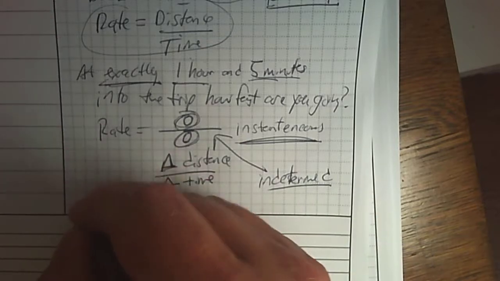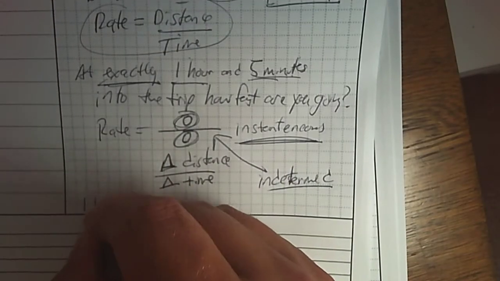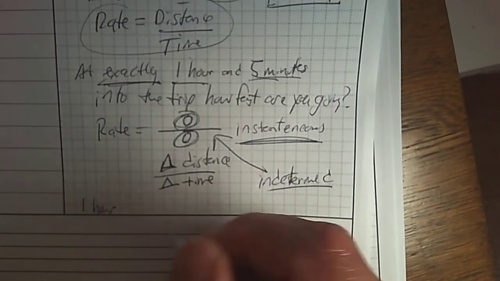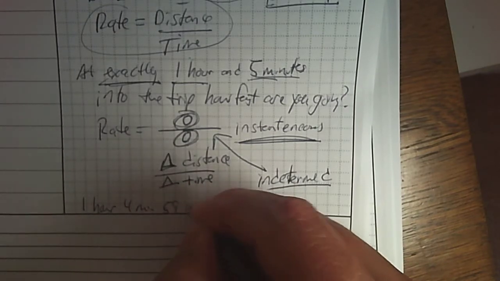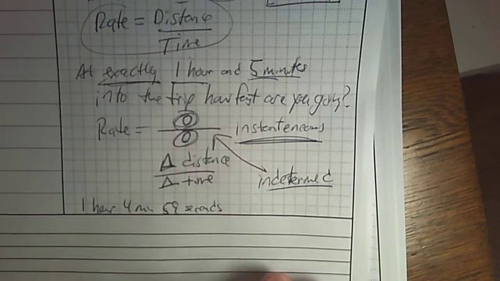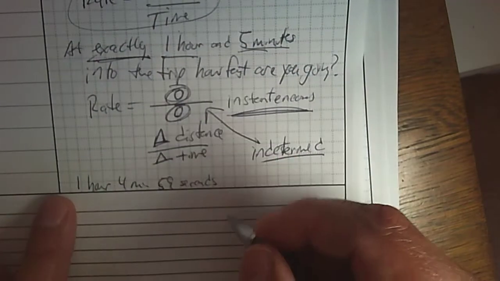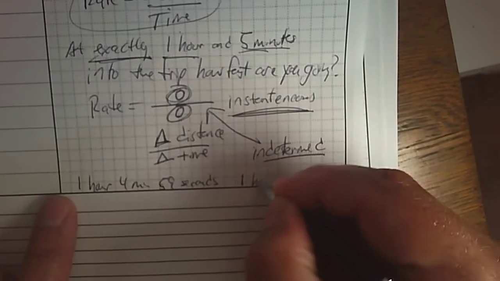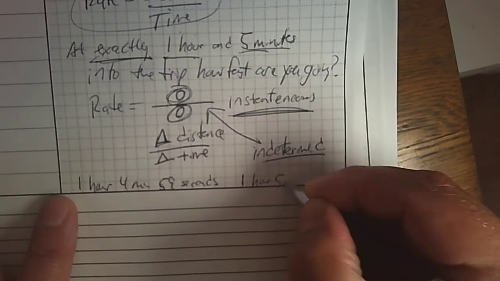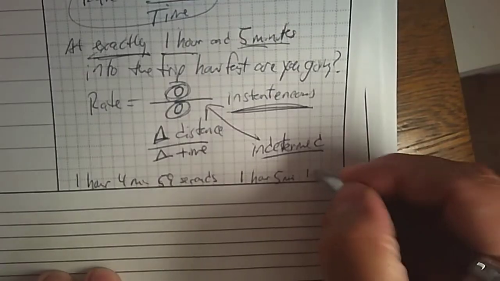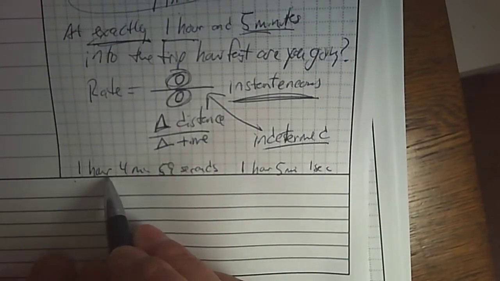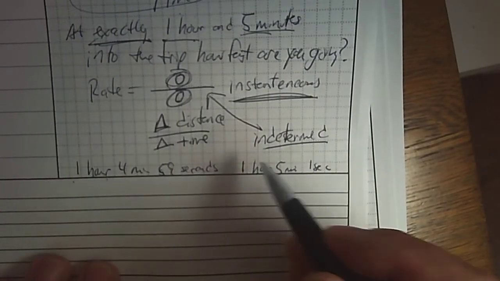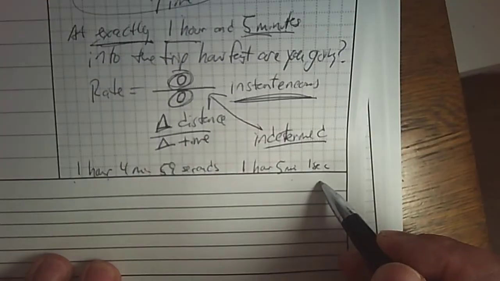Well, a limit says this: if we could find, at 1 hour, 4 minutes, and 59 seconds, how fast were you going between that and 1 hour, 5 minutes, and 1 second?